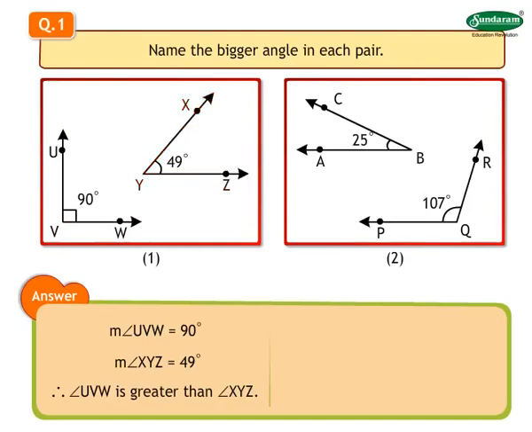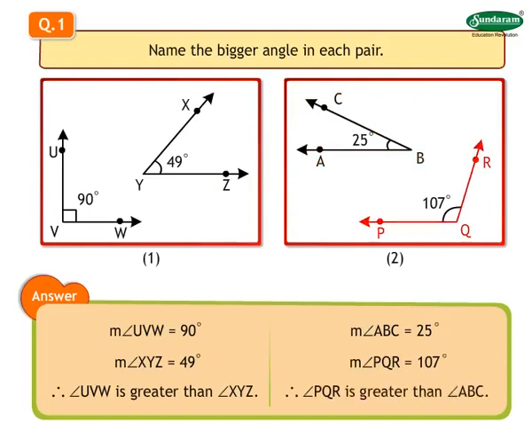Number 2. Answer. Measure of angle ABC is 25 degrees. Measure of angle PQR is 107 degrees. Therefore, angle PQR is bigger than angle ABC.